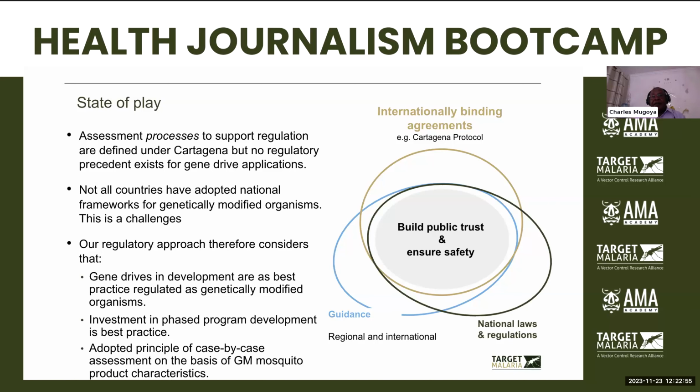And for Target Malaria, from the very beginning, we said we shall have a startup phase, proof of concept, laboratory studies, and we chose the model of using sterile male mosquitoes as a learning phase to test the technology.